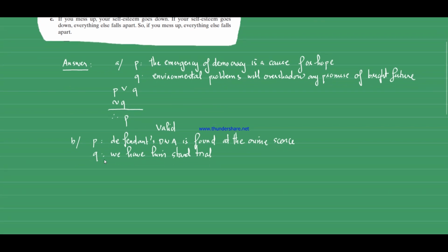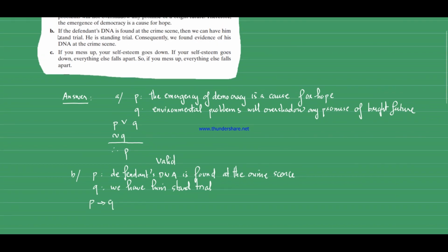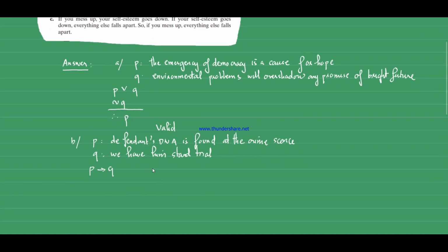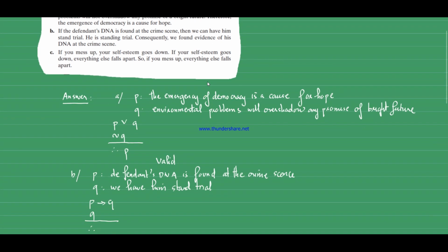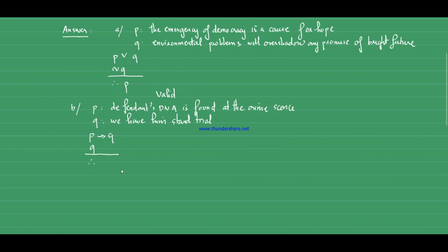So now we can write a symbolic argument. P implies Q, if and then, then we have he stands trial. So we have P implies Q, we have Q, therefore we found evidence at the crime scene, so therefore we have P. So P implies Q, Q gives you P. I don't think we have something like that.